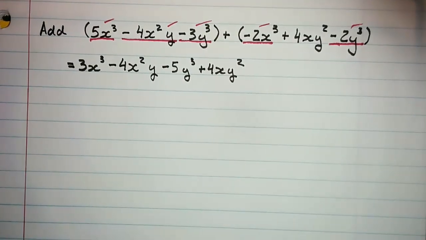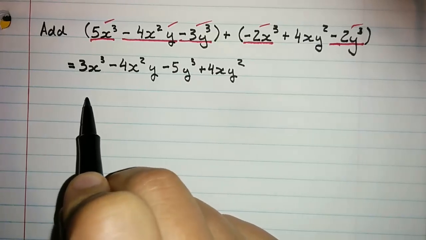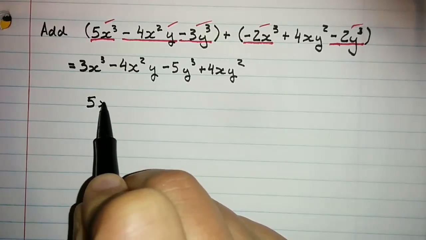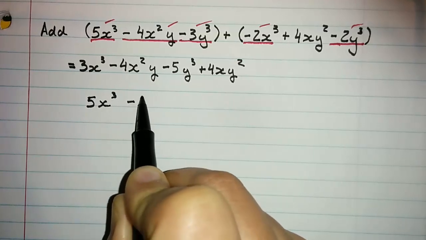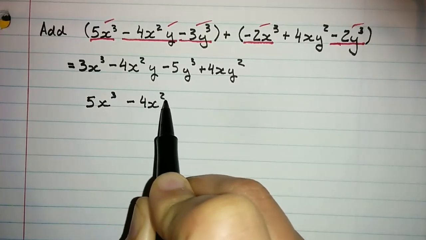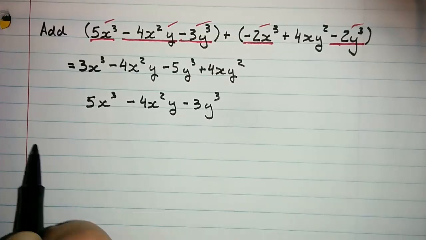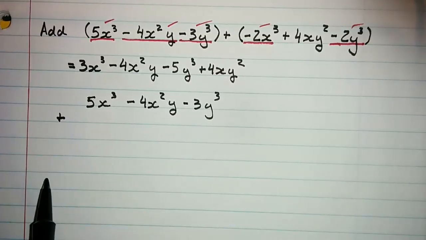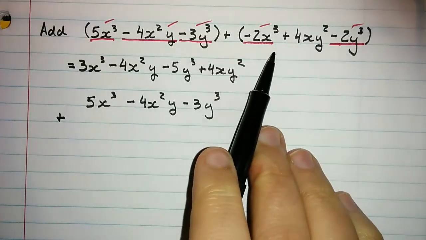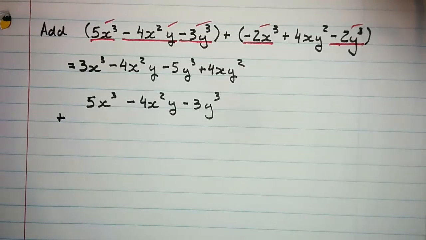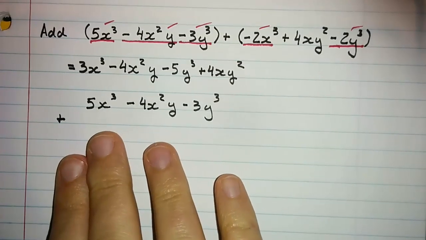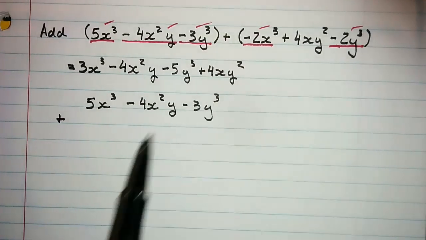There's another way we could write this out to keep track of it. We could write it out the same way that we do whole number addition. So we could write on top our 5x cubed minus 4x squared y minus 3y cubed. And on the next line, write plus. And in whole number addition, we line up the same place values. Here we're going to line up like terms.